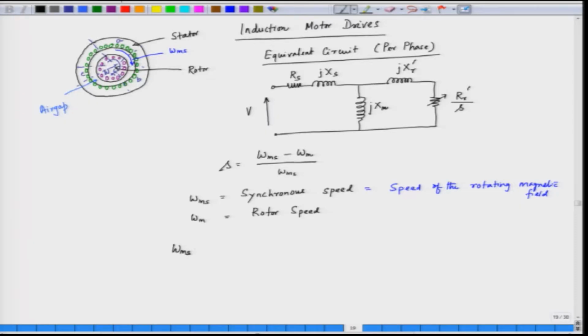If we define this in radian per second, this will be 2 f by p into 2 pi.